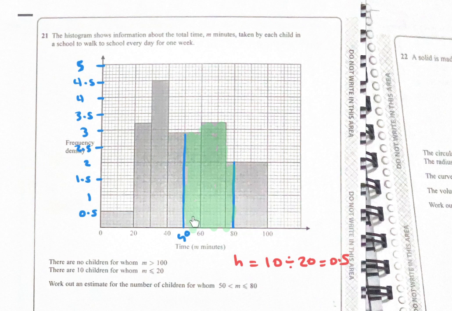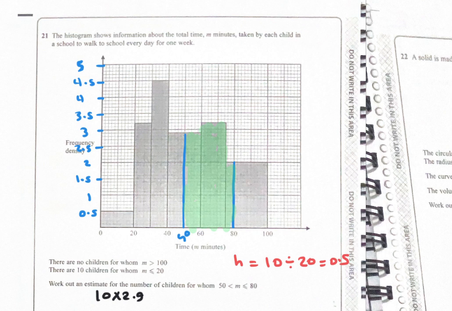For the first rectangle, the base from 50 to 60, so 10 times 2.9, so 29. For the second rectangle, the base from 60 till 75, and the height 3.2.